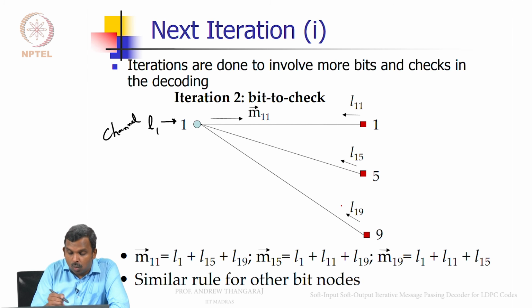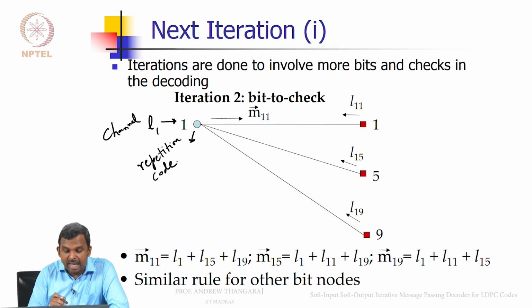What you have here is a repetition code. The same bit is repeated 4 times. It came through the channel and you got one LLR L1. It is coming through check node 1, and you have an LLR for it, L11.